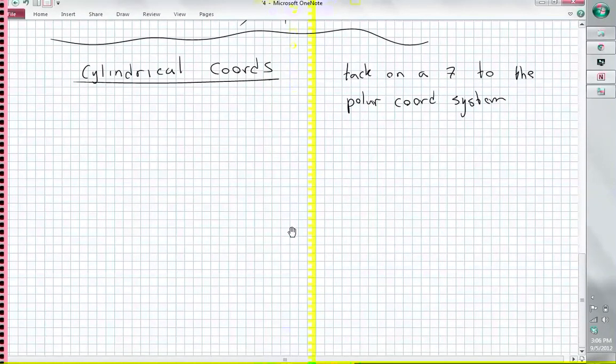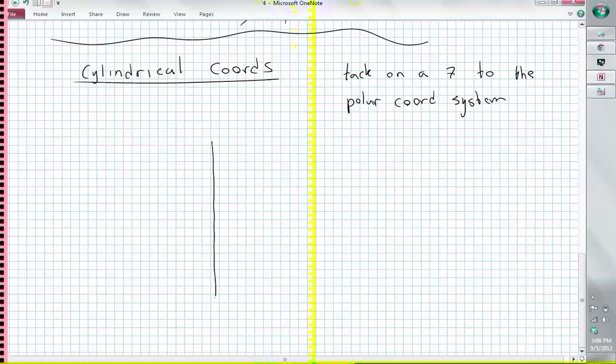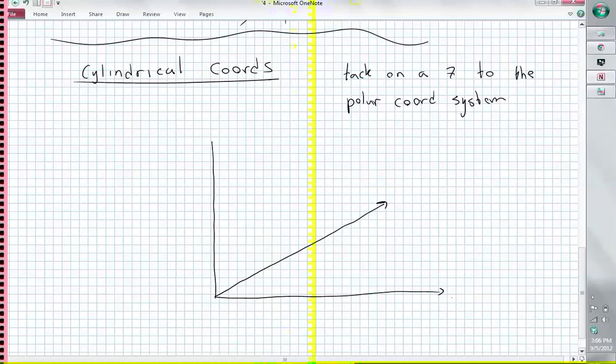Okay, so let me see if I can draw a picture for you. I'm going to look at just the positive. I'm going to pick a point out here in space, and to understand how to locate it in polar coordinates, you have to project down into the XY plane.